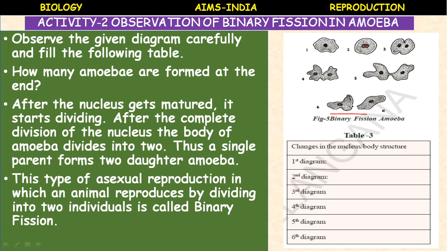This type of asexual reproduction, in which an animal reproduces by dividing into two individuals, is called binary fission. Apart from budding and binary fission, there are other methods by which a single-celled parent reproduces young ones. That you will study in higher classes.